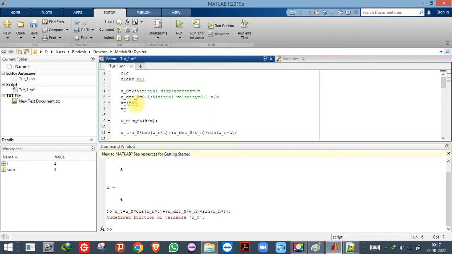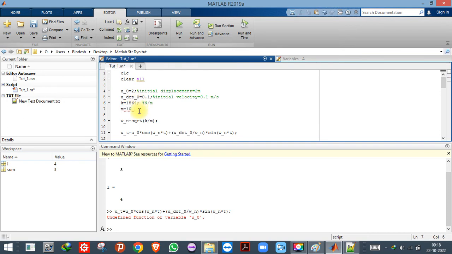I'm taking a random value, and stiffness is the force required to cause unit displacement, so this is in Newton per meter. Okay, I'll use the comment option and suppress this, and mass, let's say 10 kg.